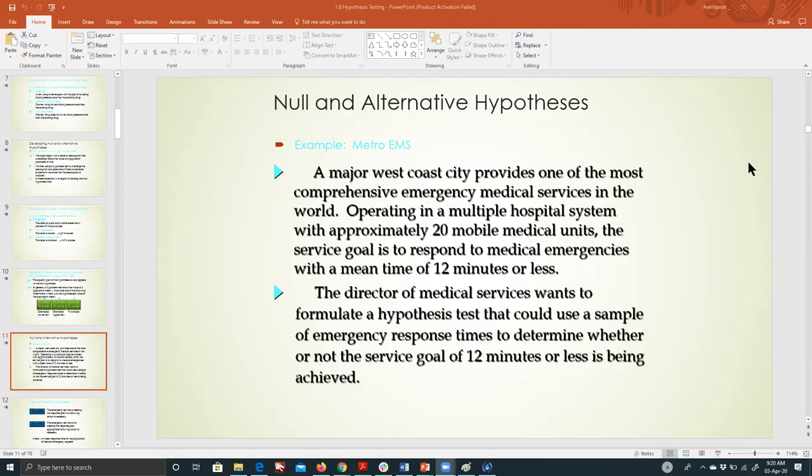Okay, now you have to be slightly careful here. What is one of the major aims of hypothesis testing? To disprove the null hypothesis.